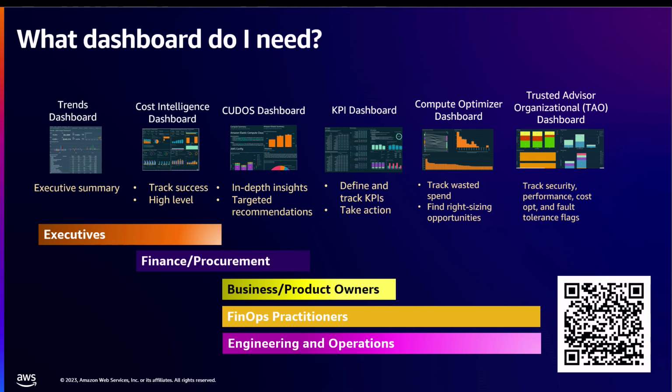The Kudos dashboard, and this one's going to give you in-depth insights as well as recommendations on how you can optimize your resource usage across your multi-account environment. The KPI dashboard will allow you to understand how you're using your on-demand instances and then give you some recommendations on whether you should be using Spot or Graviton instances. And then we also have some other dashboards.